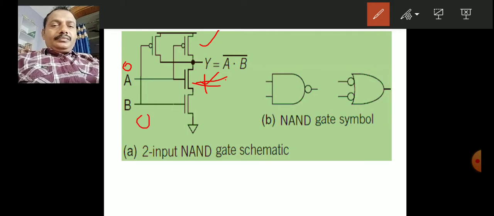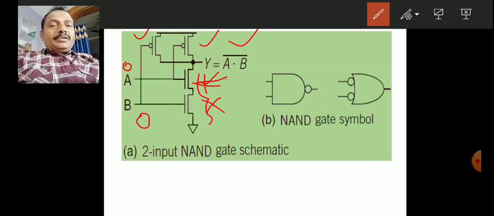Similarly, the B input is 0. That means this PMOS transistor is switched on, and because this 0 is coming to the NMOS, the NMOS is switched off. So that means these pull-ups are switched on, pull-downs are switched off.